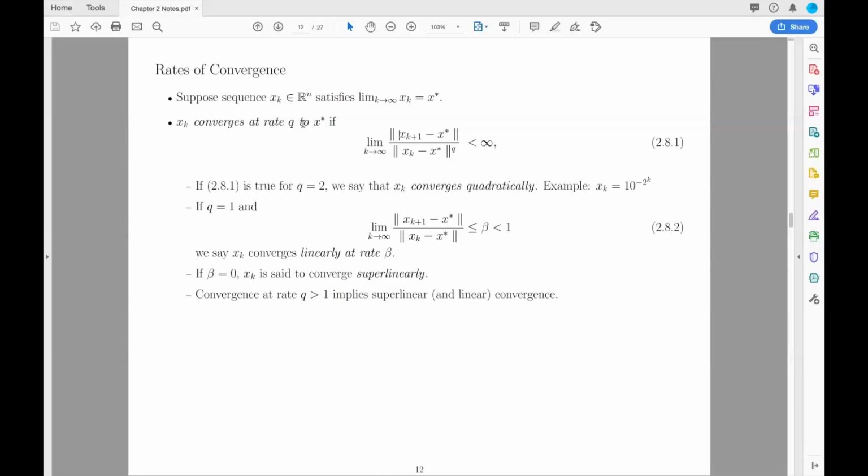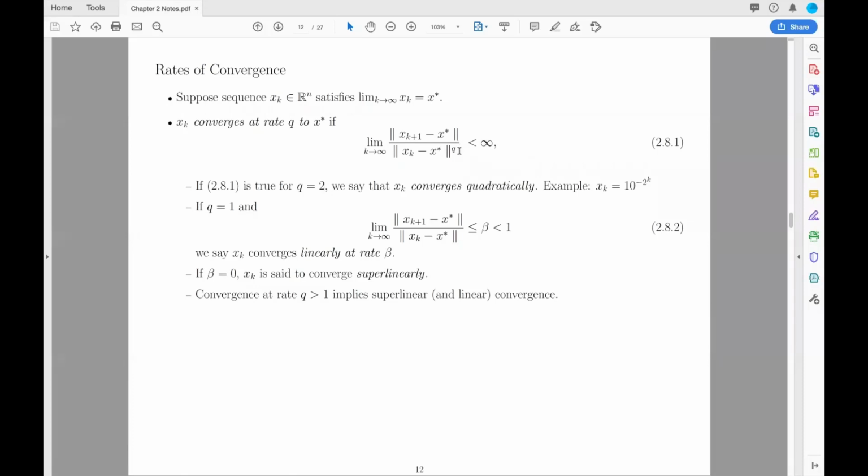Now, the most common q that we aim for is 2, which basically says that the current error divided by the square of the previous error is less than infinity. Think about what that means for convergence. Suppose that the previous iterate had error of 1/10.